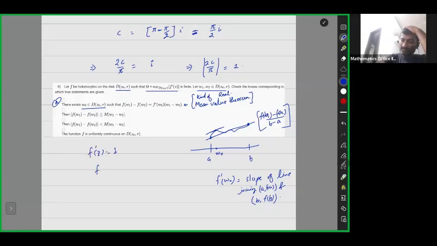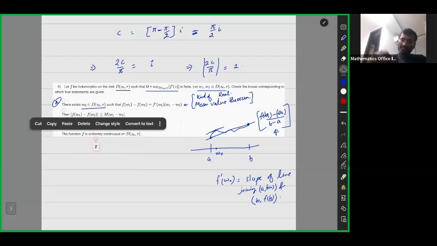Then f of z is equal to z. Then this division is not well defined. So we have to take some other counterexample. I'm thinking.